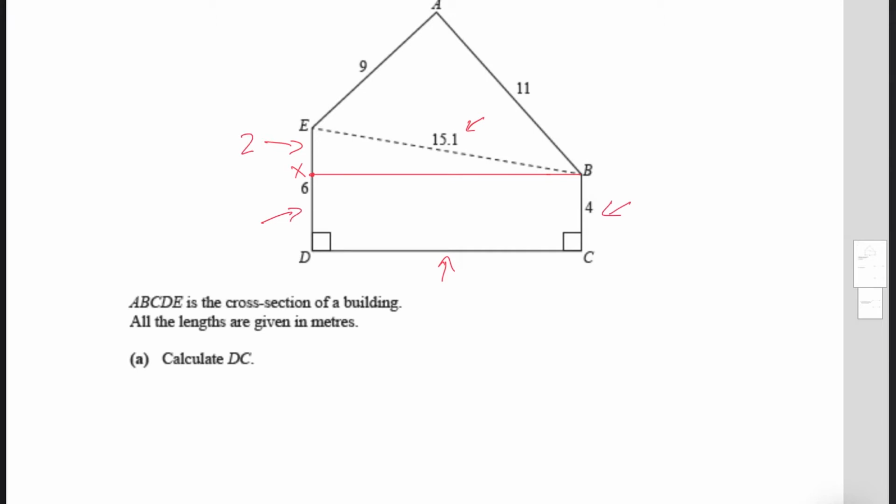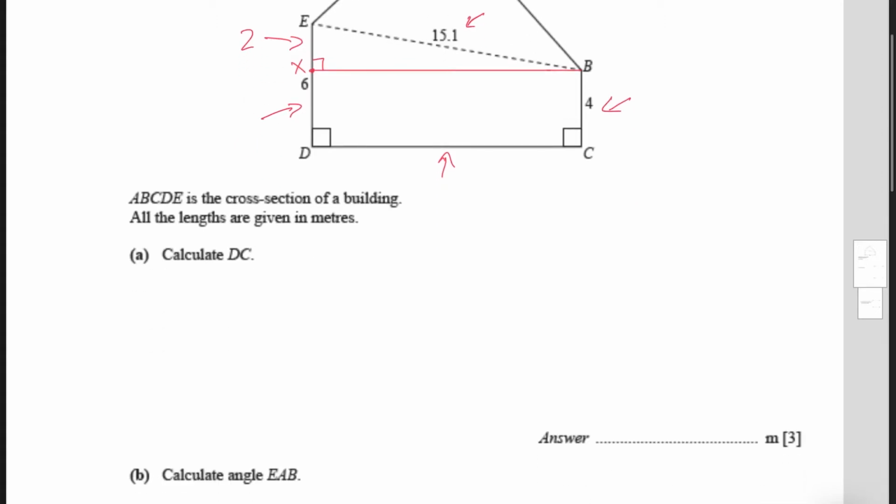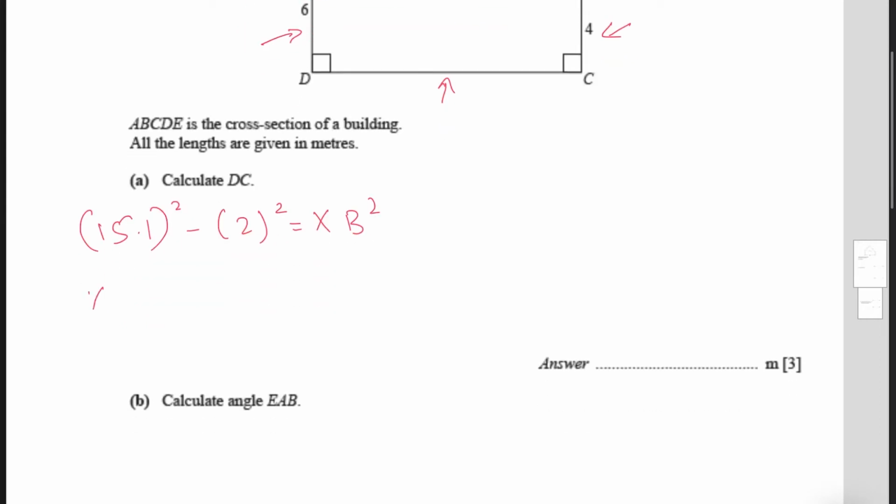So now I have a right angle triangle, which has a length of 2, 15.1 and XB, which is the unknown. I use the Pythagoras Theorem to find it. So I do 15.1 whole square minus 2 square, which is equal to XB square.